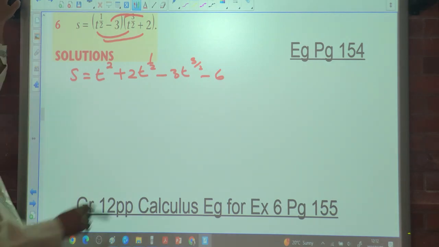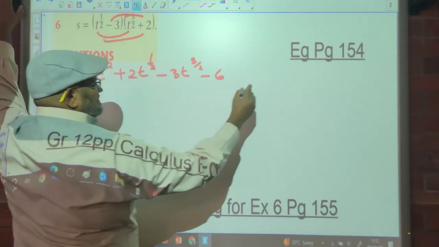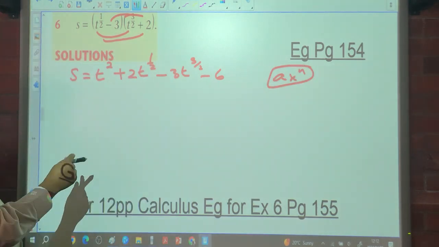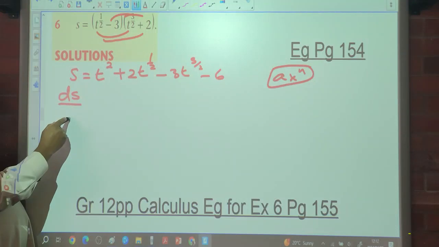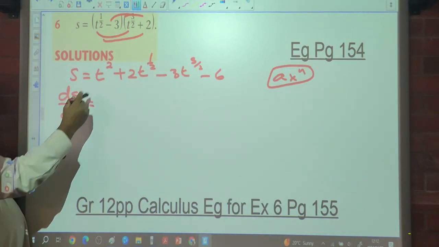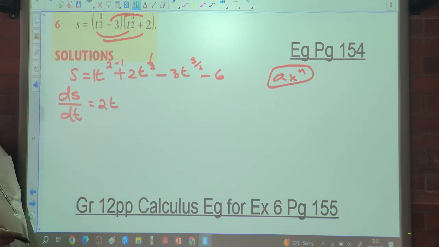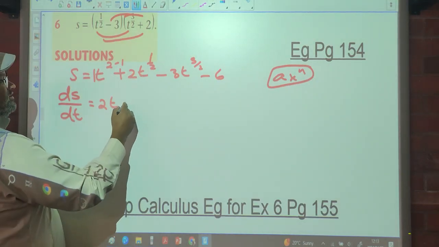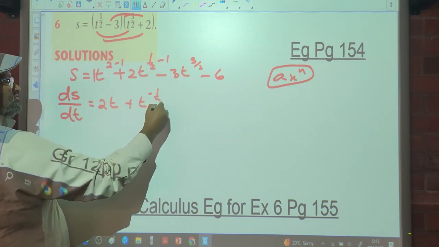Is that like terms? So we have an x to the exponent. Is that in that form? So what do I write here? Derivative of s with respect to t. 2 times 1 is 2. T to the 1. You all agree with that? So what is 2 times a half? 1, not so? And now minus 1, I'm going to get negative 1.